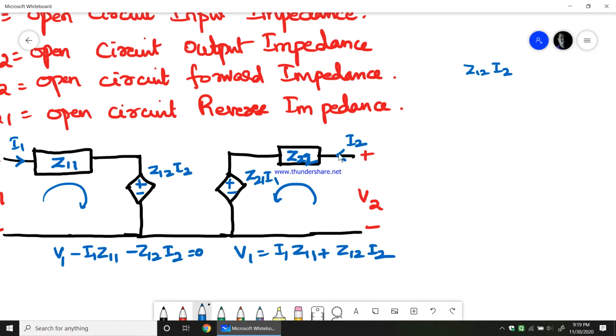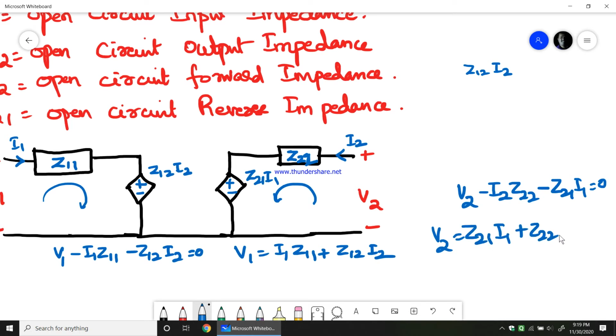If you write the KVL for this, it is V2 minus I2 Z22 minus Z21 I1 equals 0. You can easily write this as V2 equals Z21 I1 plus Z22 I2. So this represents the second equation.